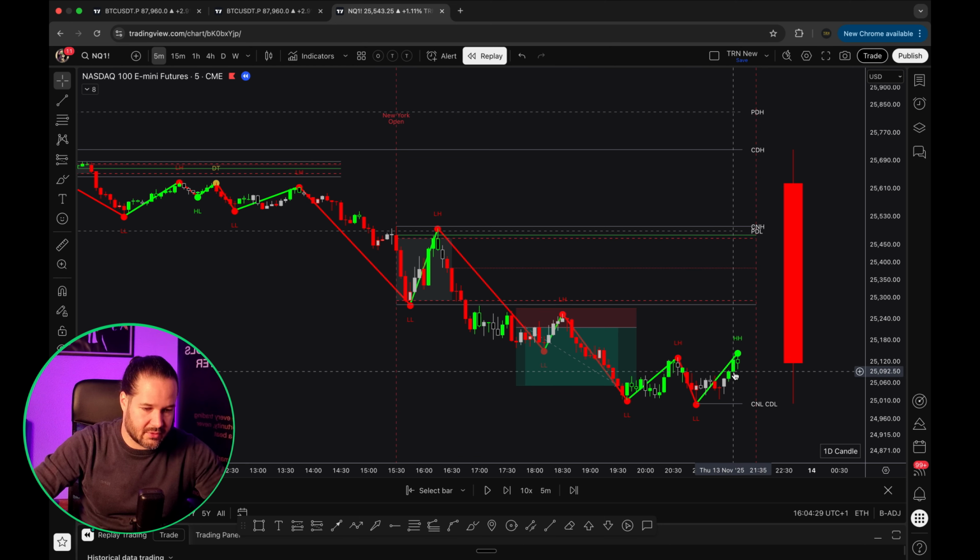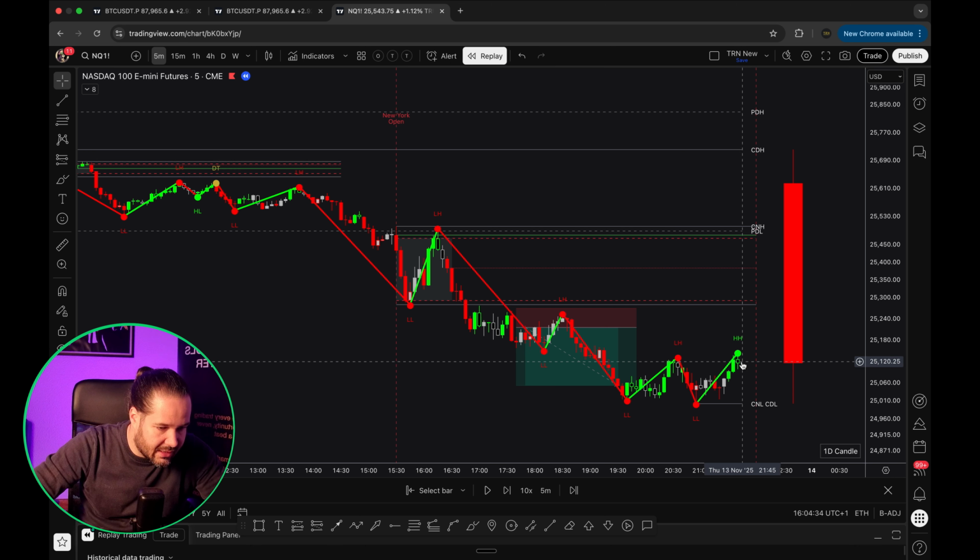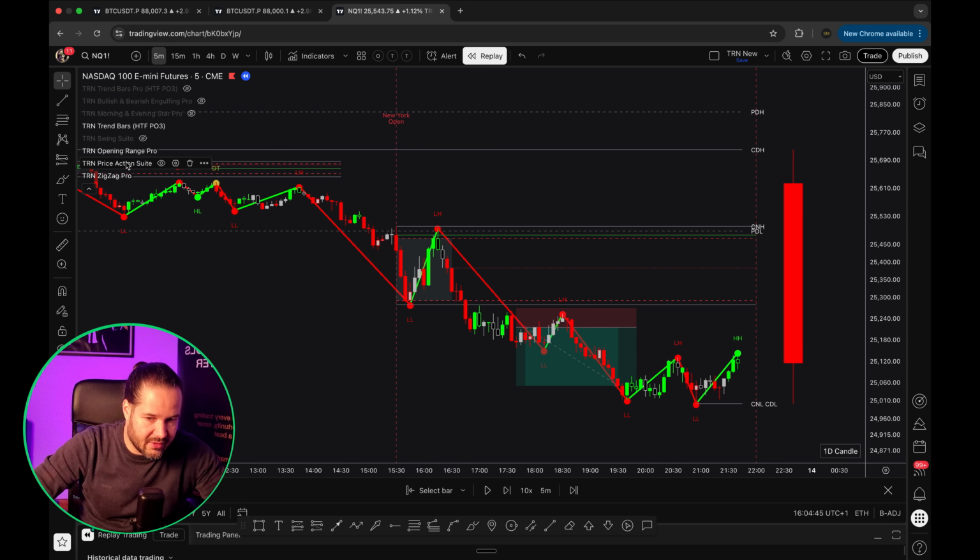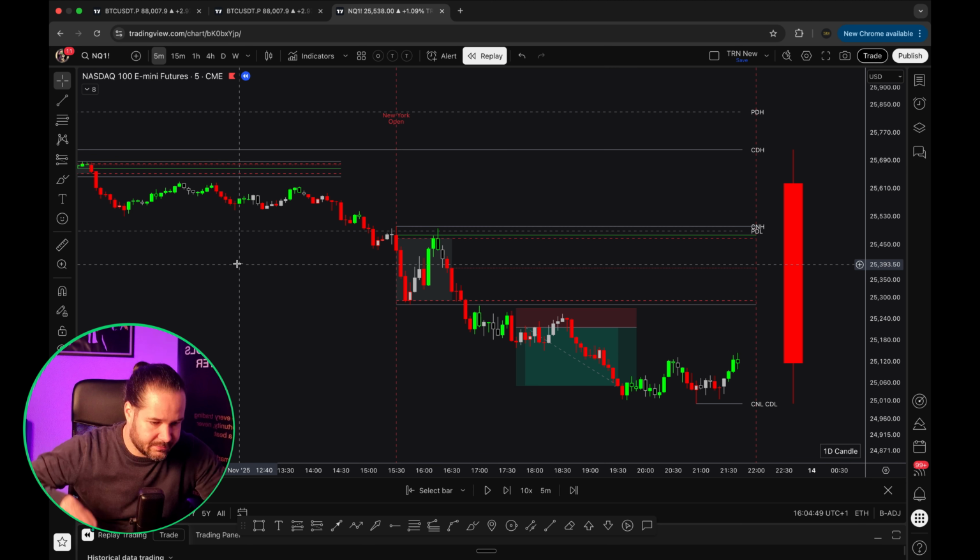You can really see that we took out this high, printed another higher high. And now we want to get a further red trend bar as entry signal. Let's see.